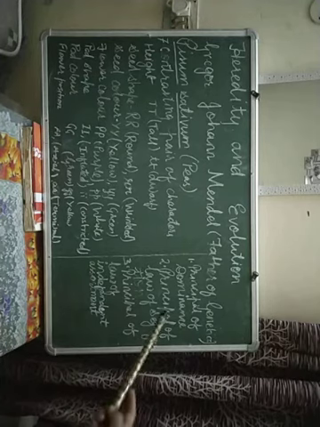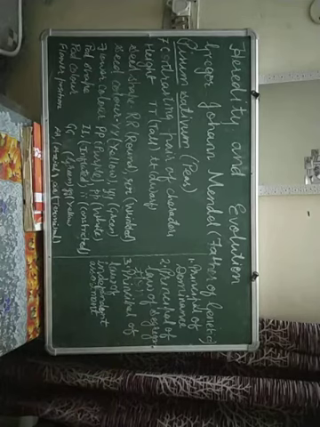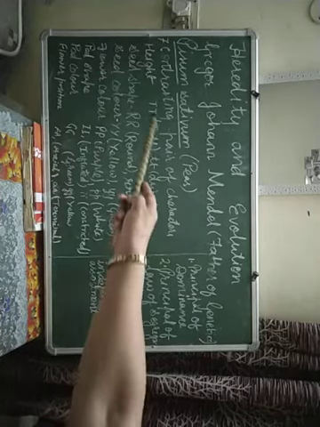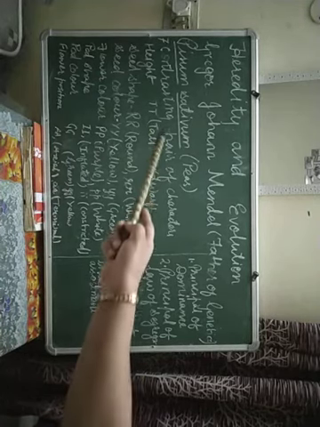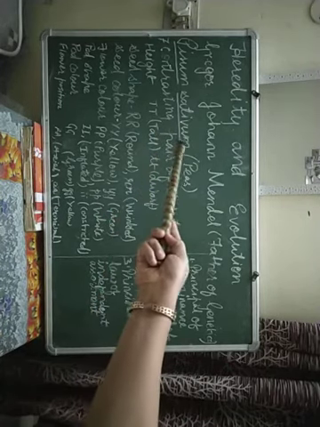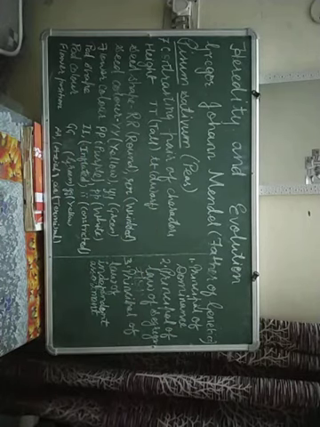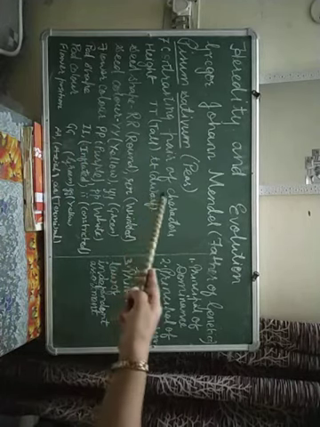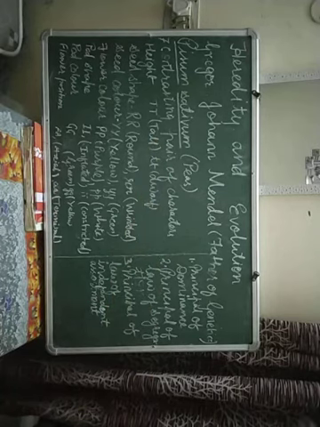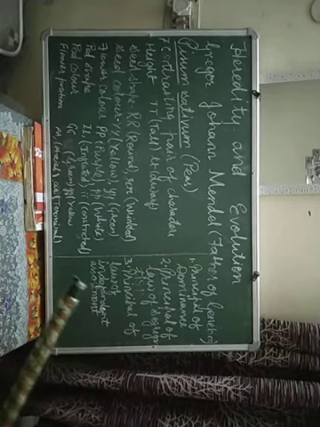Next was the law of segregation. When gamete formation takes place, the genes or factors, the term used by Gregor John Mendel was factors, segregate and separate from each other. They are not dependent on each other. That's why there was independent expression of the characters.